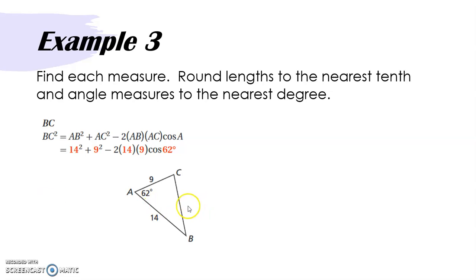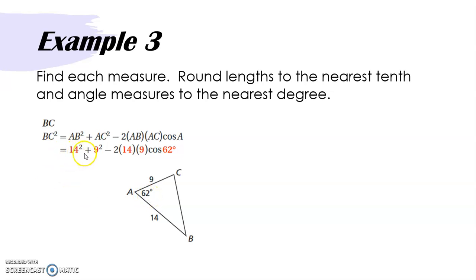So what I did is I said that BC squared needs to equal AB squared plus AC squared minus 2 times AB times AC times the cosine of angle A. And you'll see that I put in all of the measurements here. So BC squared equals 14 squared plus 9 squared minus 2 times 14 times 9 times the cosine of 62 degrees.